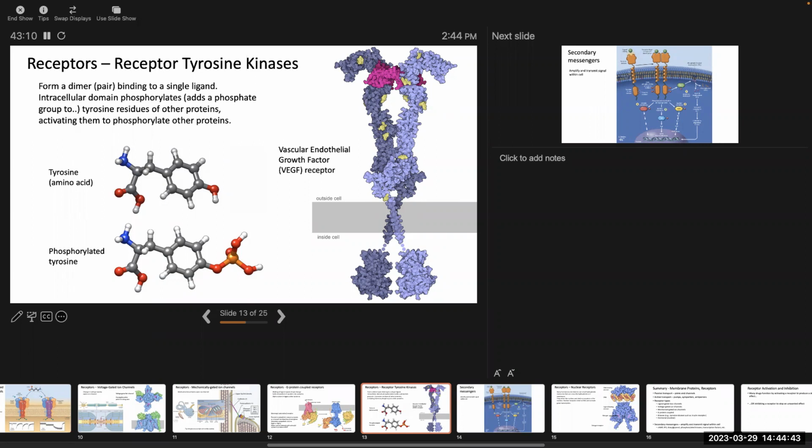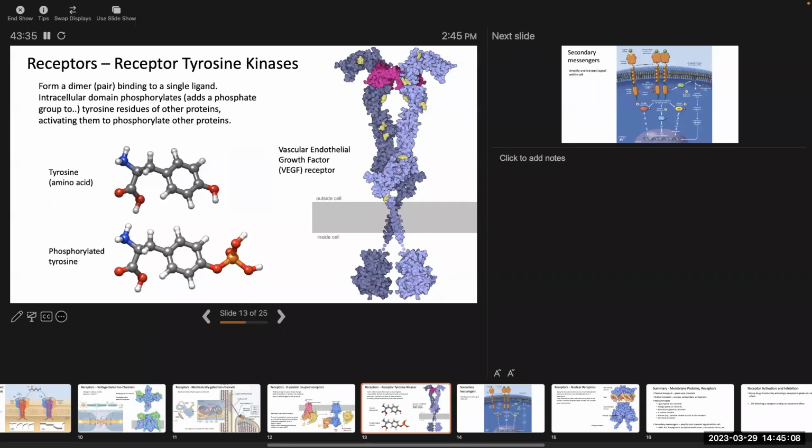We talked about this when I lectured to you about proteins. When you've got a whole bunch of amino acids in a long chain making up a protein, each of those amino acids is referred to as a residue after it's been incorporated into the protein chain. And tyrosine is one of the 20 amino acids commonly found in proteins.